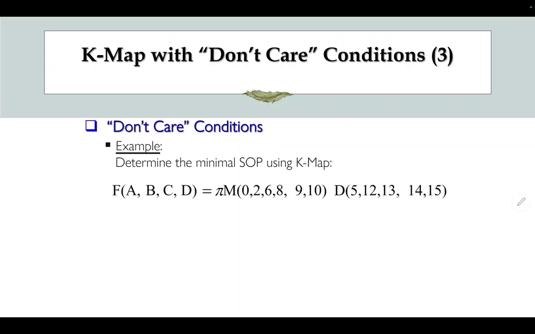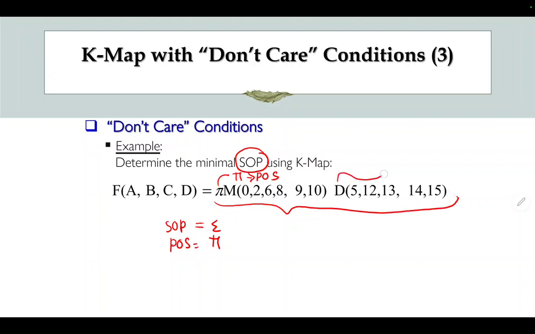Okay, this is another example. How do you do mapping for don't care condition by having a number? For SOP, the symbol will be sum. For POS, the symbol will be pi. So here is pi, which means POS. Even though the question is asking you about the SOP equation, you have to locate all here.